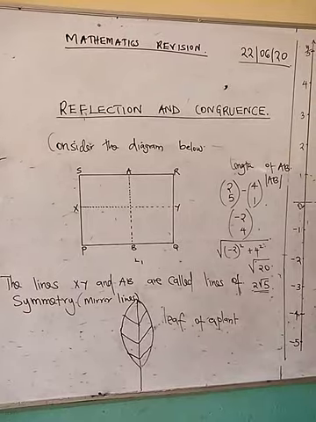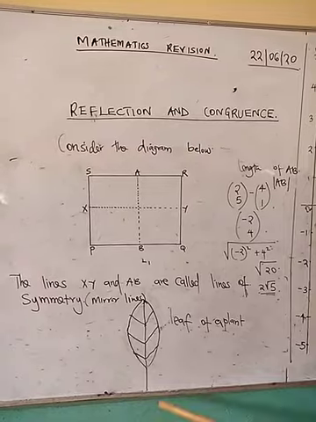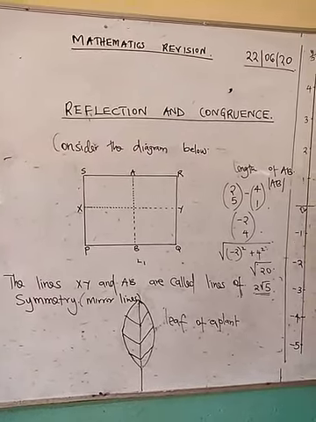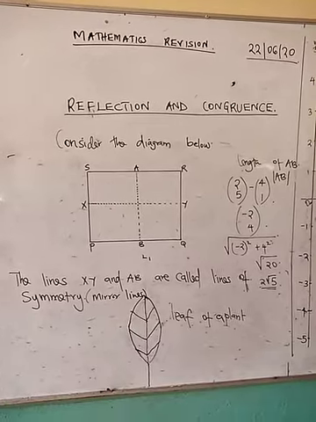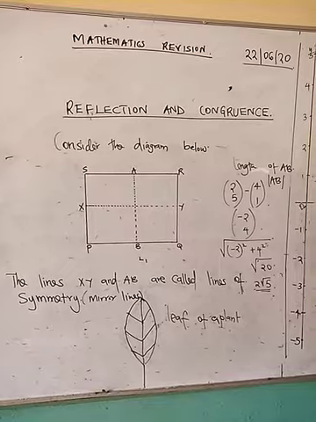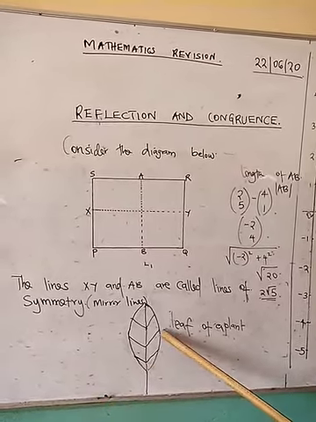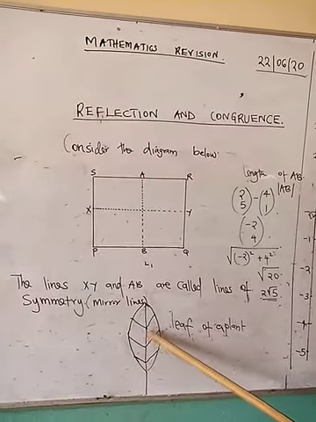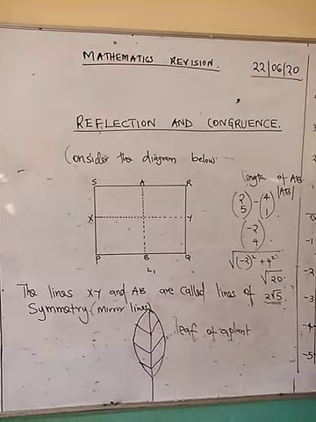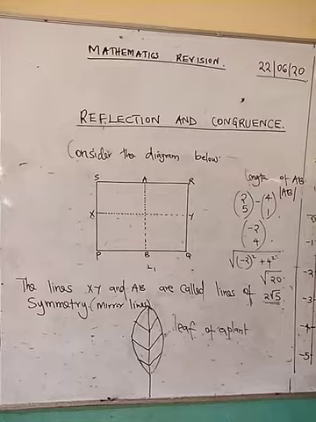When you look at the leaf of a plant, God designed it so that there is a middle line that divides that leaf into two equal parts, and that line is the line of symmetry. This part is equal to this other part. So the middle line here is called the line of symmetry.